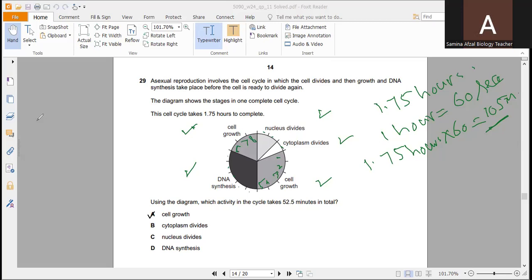It means most of the time is taken by cell growth as compared to 1, 2, 3, 4, 5. This is only less time as compared to cell growth. So most of the time is about 52.5.